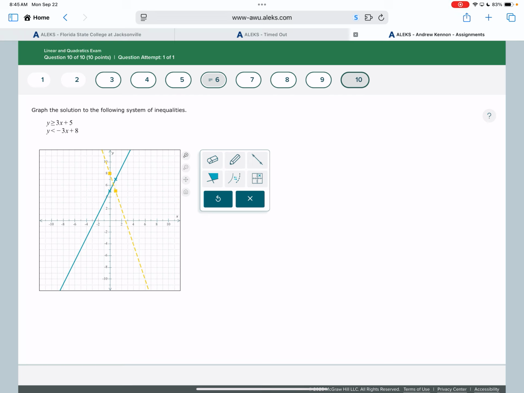Is 0 less than 8? Yes. So I need to shade towards 0, 0. So again, this one I shade towards 0, 0, and this one I shade away from 0, 0, so it's got to be right here. Oh, no. What did I do? Okay.